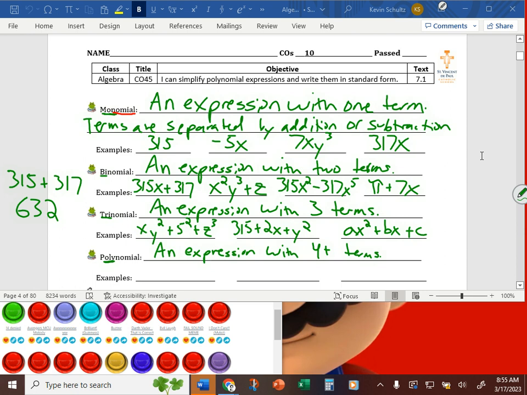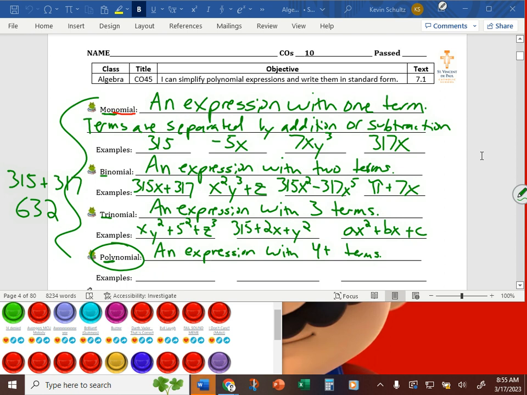So if you hear the term polynomial, we're talking about everything here. If it's a monomial, binomial, or trinomial, you should specify it as such. If it's 4 or more terms, then it just gets this name here. But technically, everything on this page is a polynomial, although 3 of them do have more specific names.